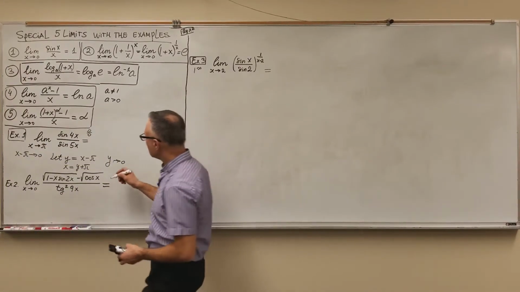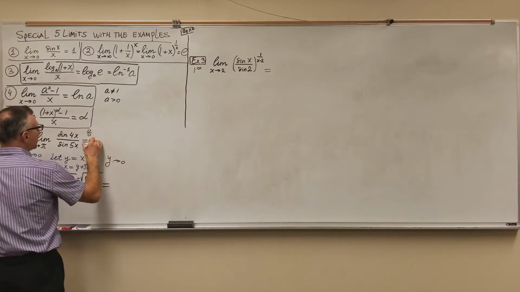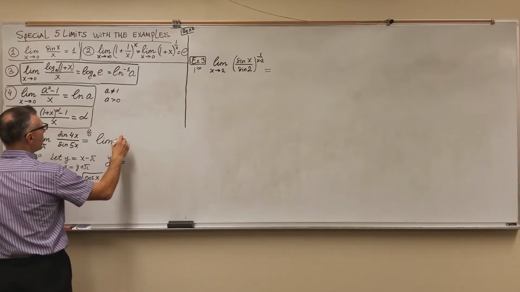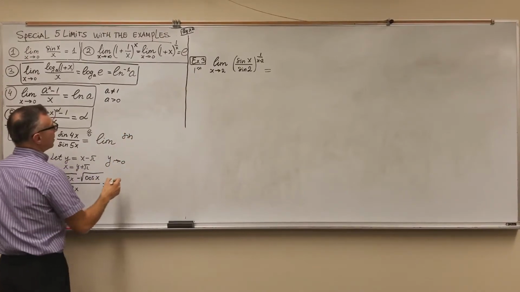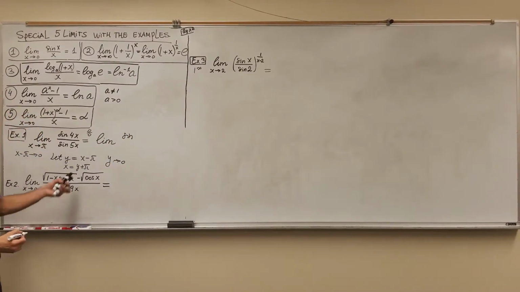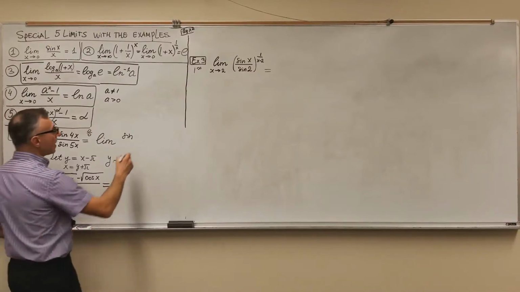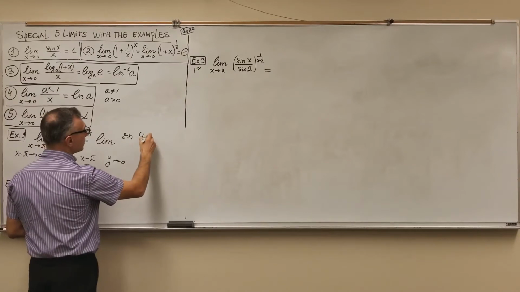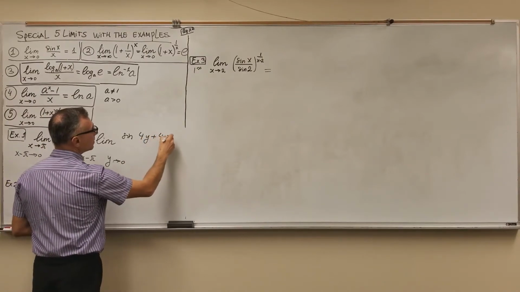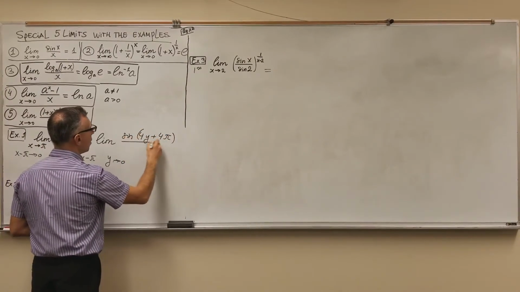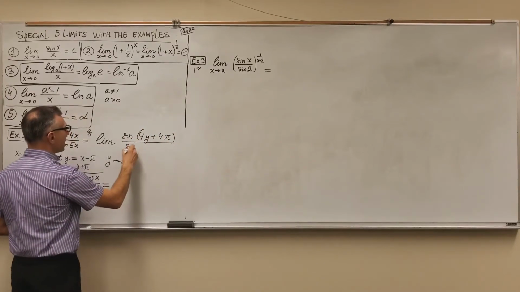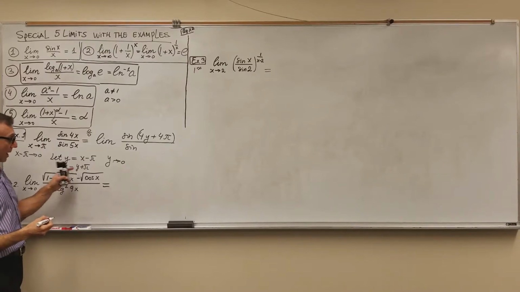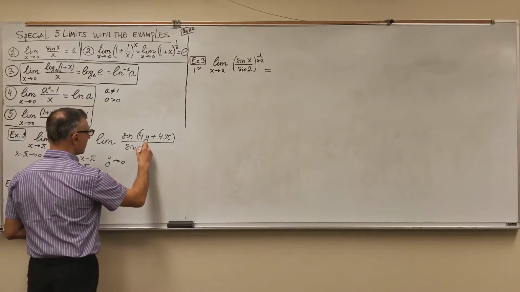I will use that substitution for my limit, and it will be equal to the limit of sine 4x. x is equal to y plus pi, so 4 multiplied by y plus pi, so 4y plus 4 pi, over sine of 5x, which is 5y plus 5 pi.